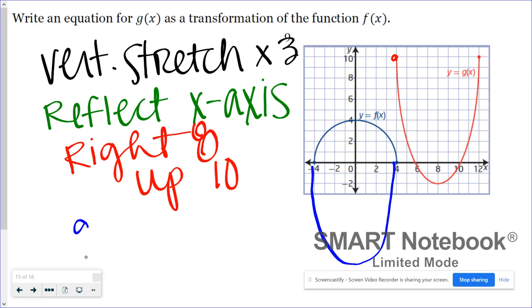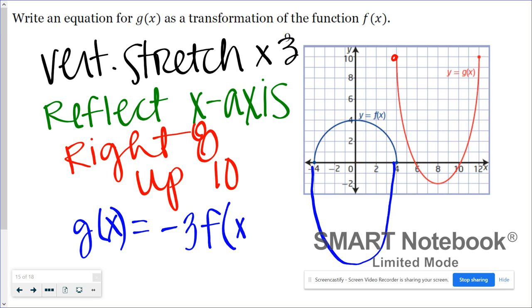So if we put it all together, the function g(x) is equal to 3 times the function to show the stretch. The reflection over the x-axis, I would have that negative out in front as well. Right 8 is x minus 8, and up 10 is plus 10.